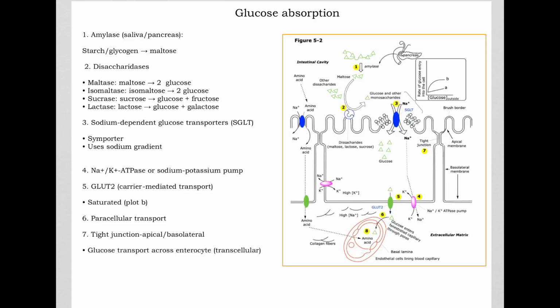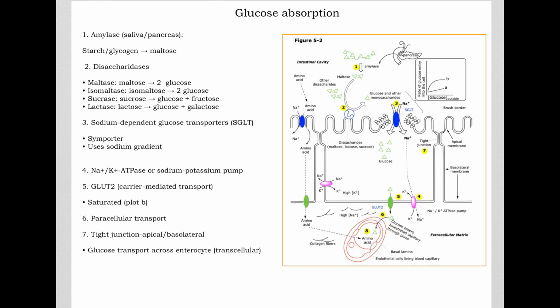So this glucose that's present in the cytoplasm is then transported out of the cell into the tissue space or the extracellular matrix, and that is done by this protein called GLUT2. So this is an example of carrier-mediated transport. So in this case, the glucose concentration, which is very high in the cell, is being transported to the tissue space where the glucose concentration is very low.